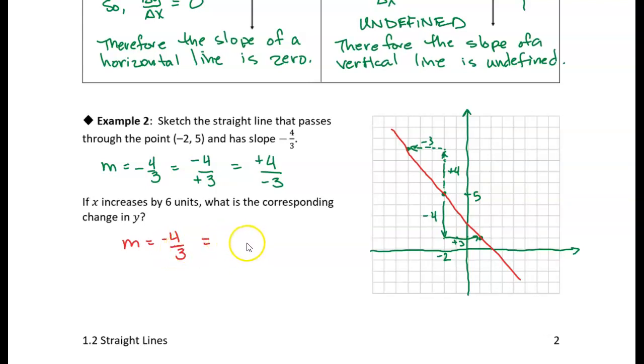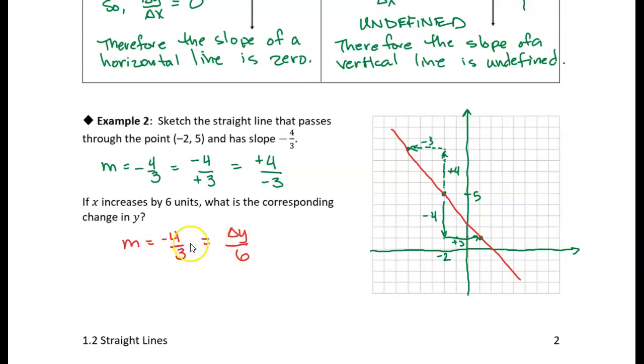So wait, no, change in x is 6. So I have some delta y, but my change in x is 6. And I want to know what that change in y is.